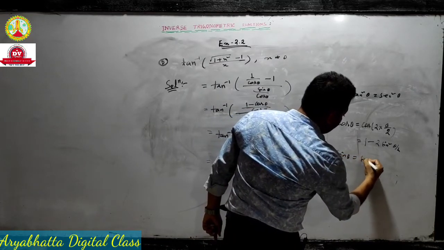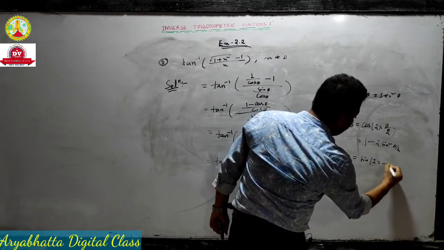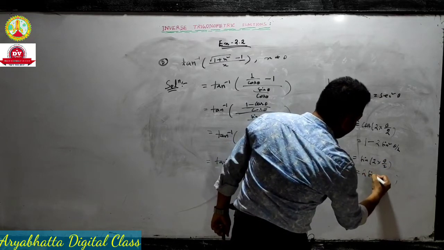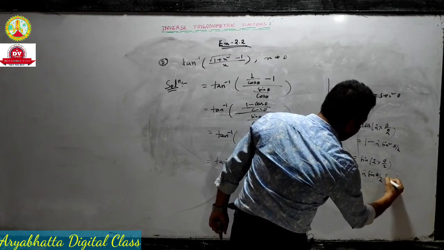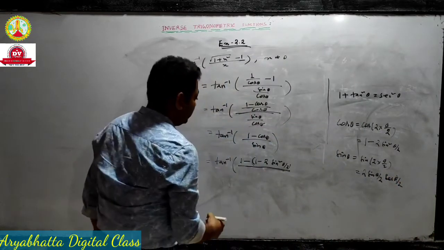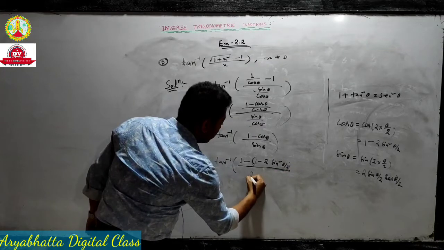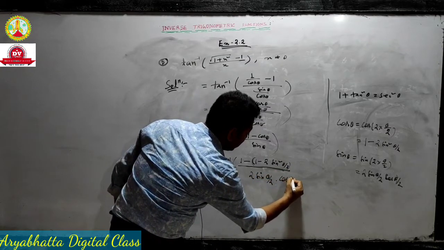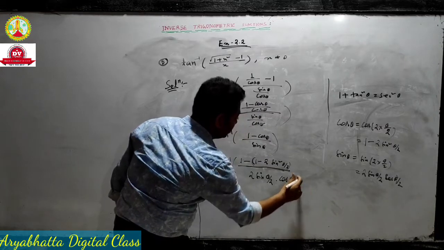Sin theta we can write sin 2 into theta by 2. Therefore, we know that sin 2 theta equal to 2 sin theta cos theta, so sin theta equals 2 sin theta by 2 into cos theta by 2.